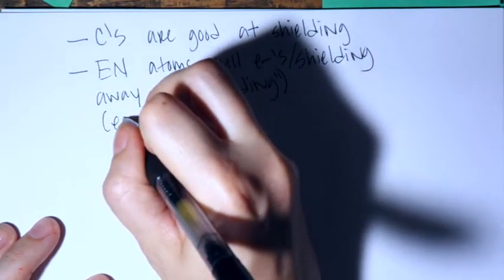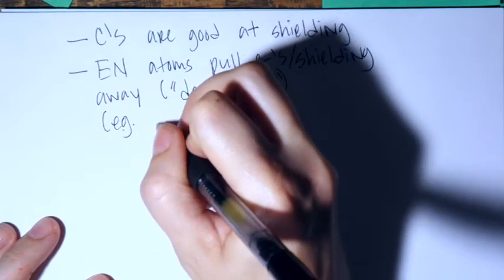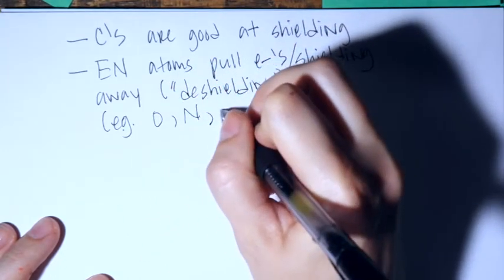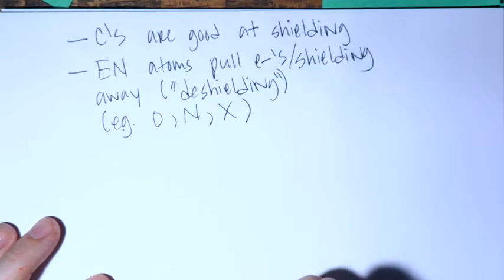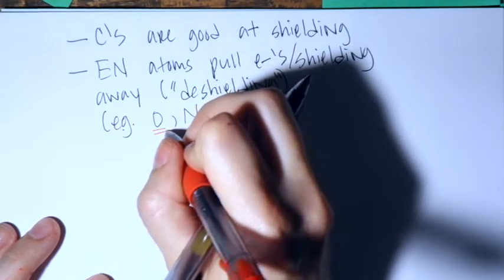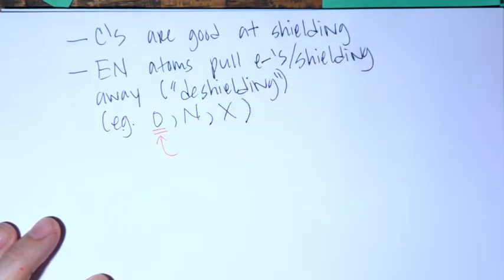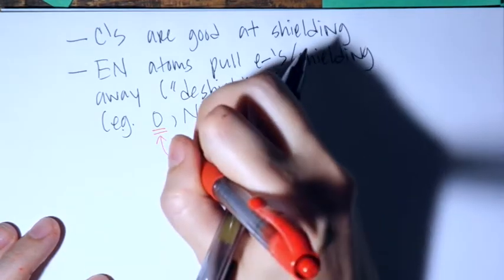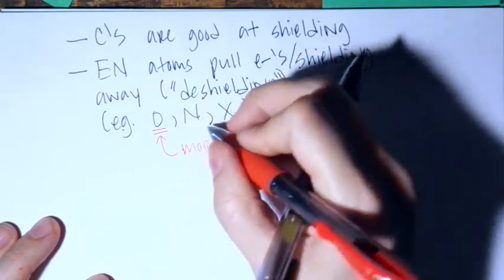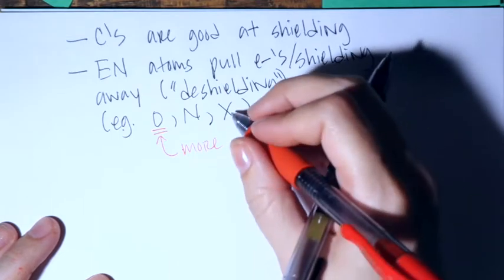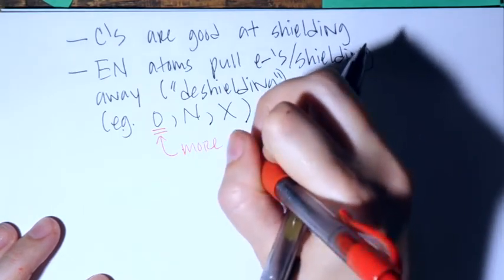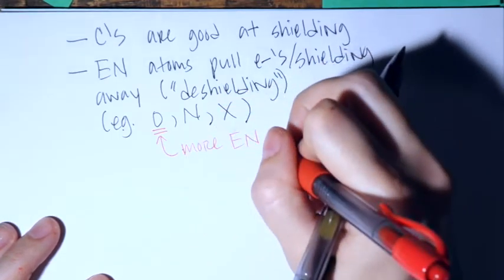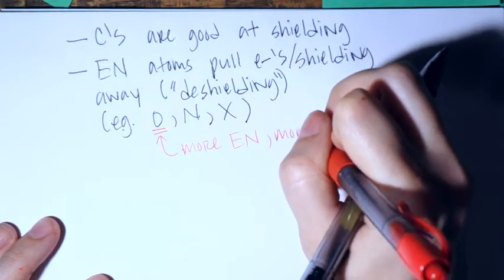For example, that's your oxygen atoms, your nitrogen atoms, halogen atoms. The more electronegative it is, with oxygen being the most electronegative, versus oxygen, nitrogen, and most of the halogens, the more de-shielding it will be.